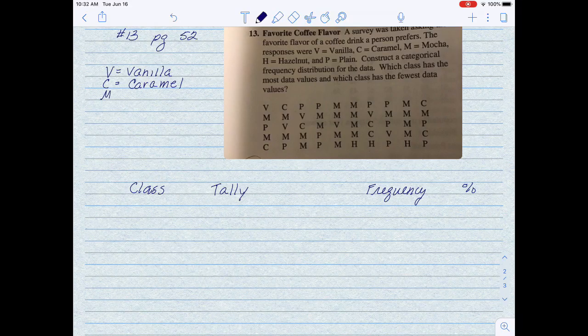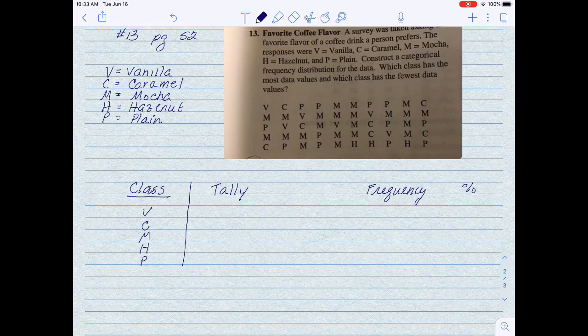M is for mocha. H is for hazelnut. And P is for plain. So those are our classes. Those are the things that we're going to put under class here. So we're going to put V, C, M, H, and P.